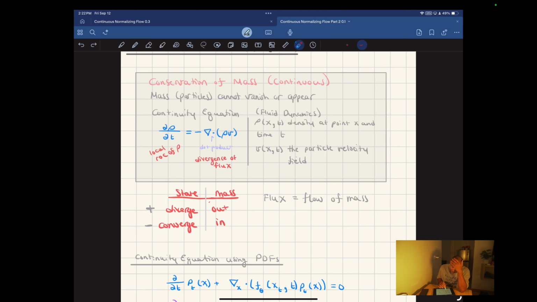So that means the local rate of change of density is negative. If density is decreasing from this locality, that means mass is flowing out. And if the local rate of change of density at this locality is positive, that means density is increasing, which means mass is flowing in.